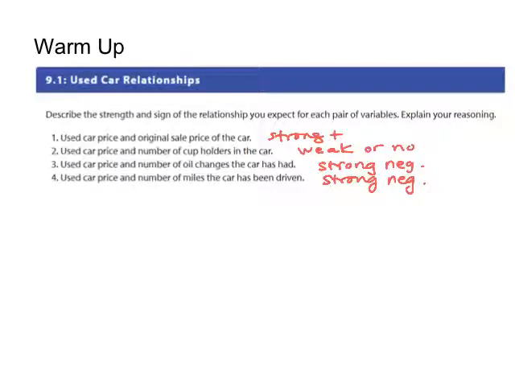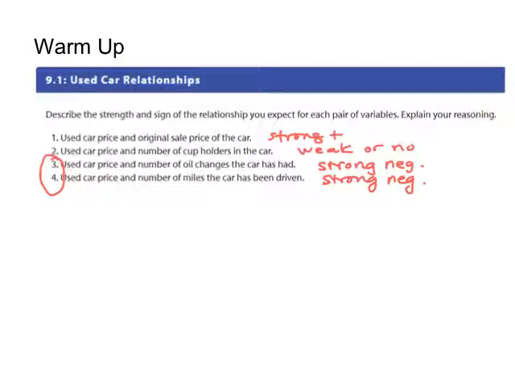I want to look at just the last two here and ask if the used car price is directly caused by the number of oil changes the car has had or the number of miles the car has been driven. That's a little bit of a different question. There can be correlation, but is it truly caused by one variable to create the change in the other variable?